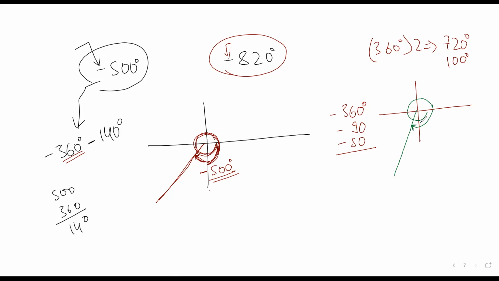Isn't it supposed to be 2 complete rounds for 720? You are right. 2 complete rounds, plus 100 degrees. 90 and 10 more. You are correct.